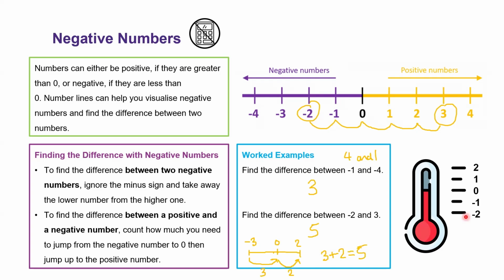Another way we see negative numbers is in your bank account. Hopefully not, but if you overspend, if you spend more money than you have in your account, you're going to go into your overdraft, and your bank account will say something like, you've got -10 pounds in there because you've overspent by £10. So you can think of negative numbers as a debt and positive numbers as your savings, something you have.